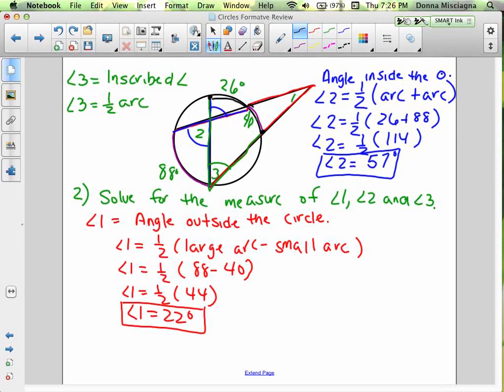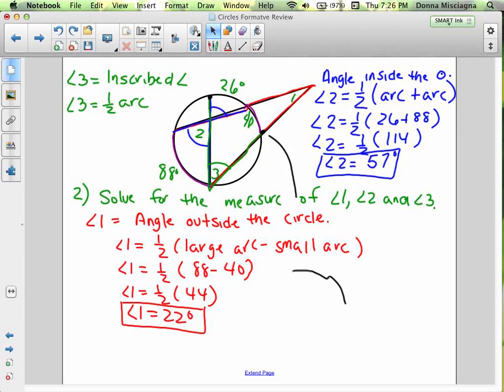The arc that's between, oh boy, what a nice glitch there. The arc that's between those two endpoints are the two arcs that are measured to be 26 degrees and 40 degrees. And let's see if that looks a little better.